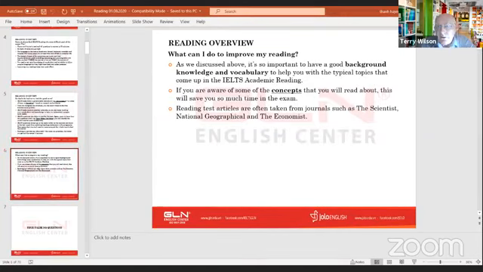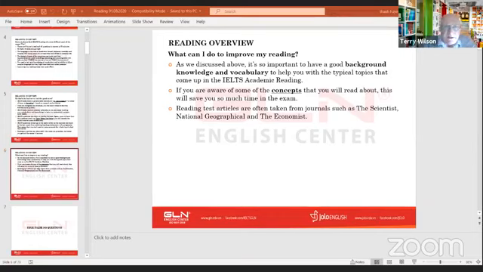So what can I do to improve my reading? As we discussed above, it's so important to have a good background knowledge and vocabulary to help you with the typical topics that come up in the IELTS academic reading. If you are aware of some of the concepts that you will read about, this will save you so much time in the exam.